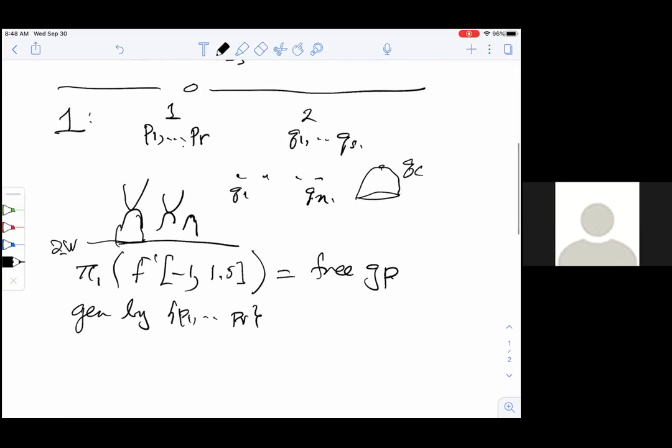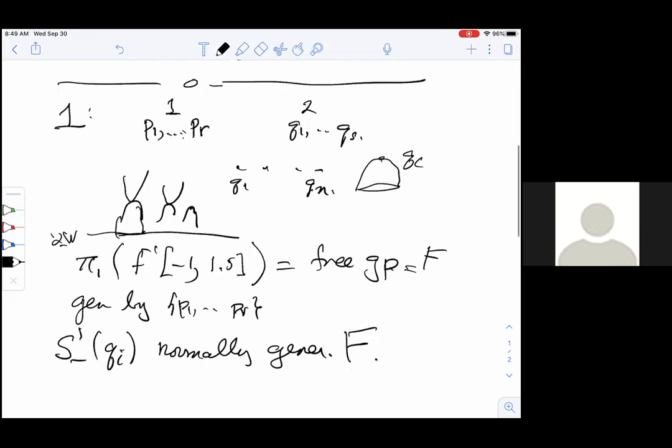So the fact that you're creating a simply connected manifold at level 2 means that the circles of the descending manifolds of Q1 to Qs, in fact, normally generate this group. So the descending spheres for the Qi, the elements they represent normally generate this free group, F. Okay.